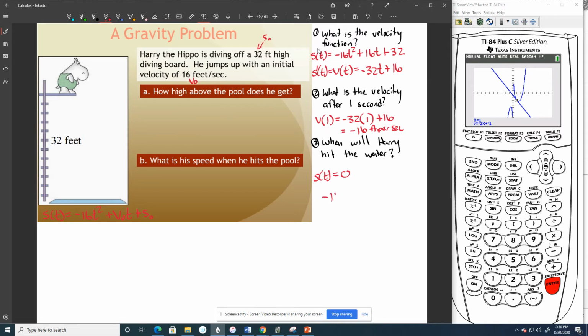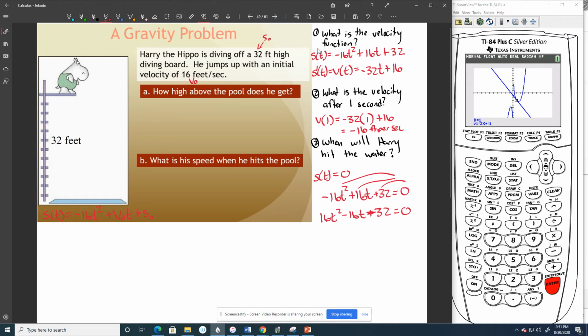So if I take negative 16t squared plus 16t plus 32, and I want that to equal 0. So I'm going to rewrite this so that my 16t squared is positive. So basically, I'm just going to move everything to the other side. 16t squared minus 16t minus 32 is equal to 0.